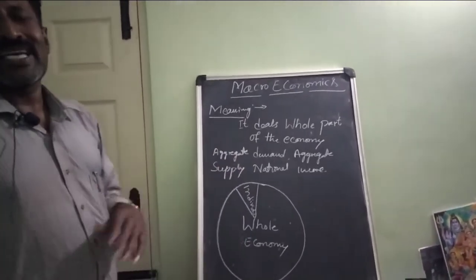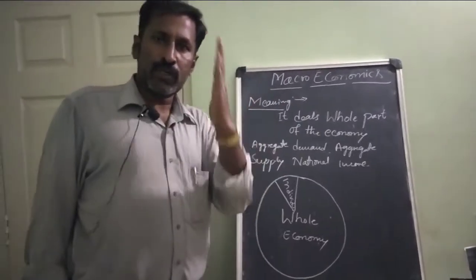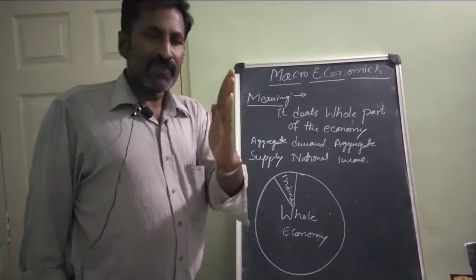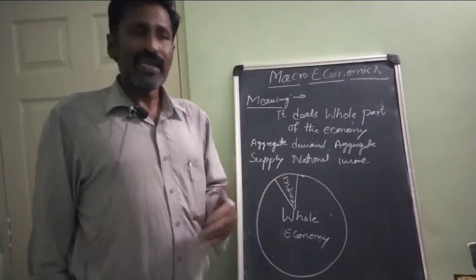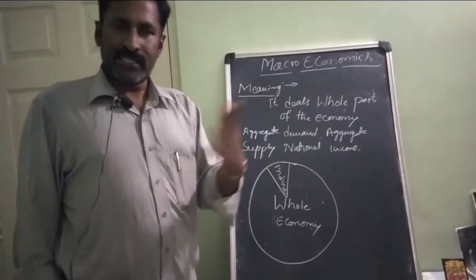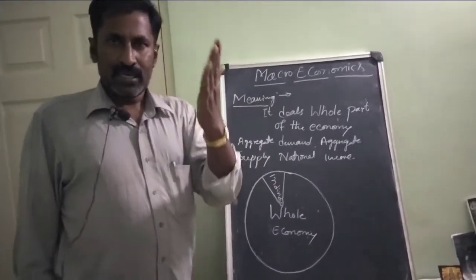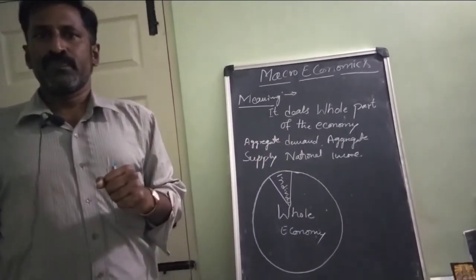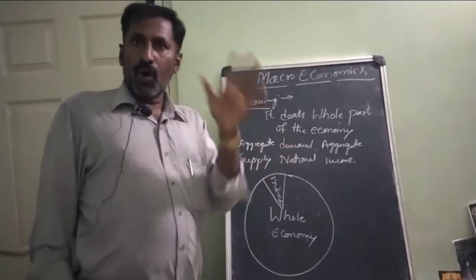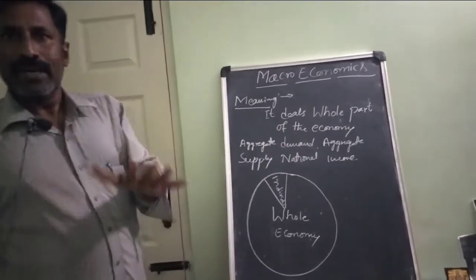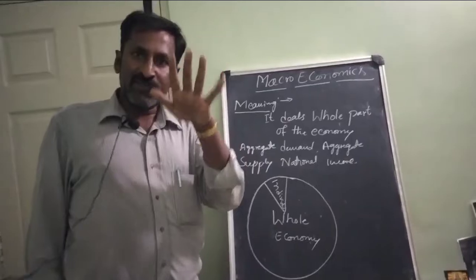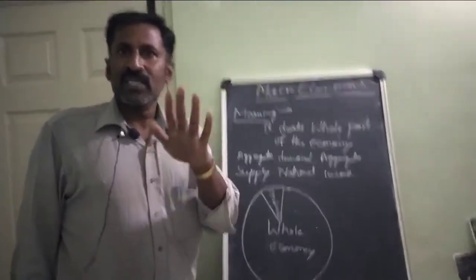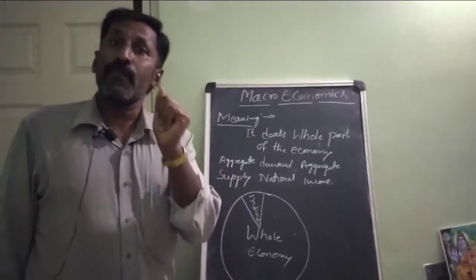Under micro, we consider individually. An individual consumer goes to the market and purchases at different prices and different quantities. For example, if tomato is 20 rupees per kilo, he purchases only 1 kilo or 2 kilos. But aggregate means how many consumers enter the market, and different consumers purchase different quantities at different prices.